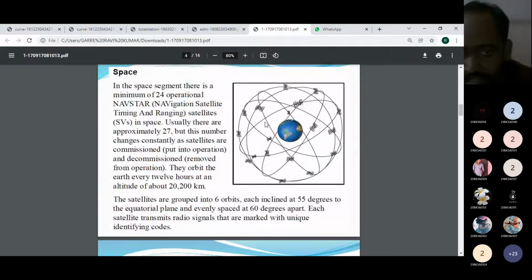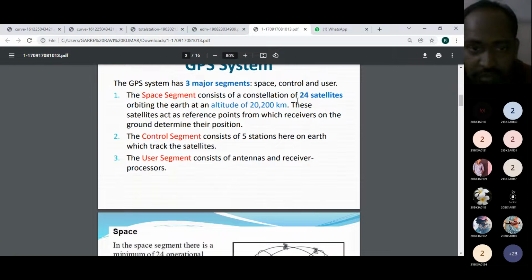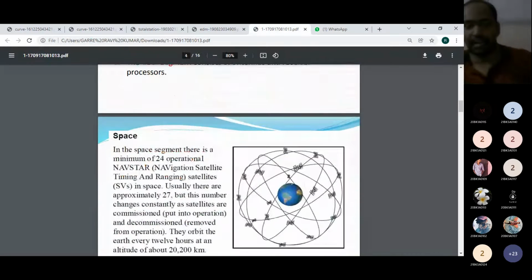Nowadays you can see 24 satellites rotating around the earth surface, and the satellites send data.